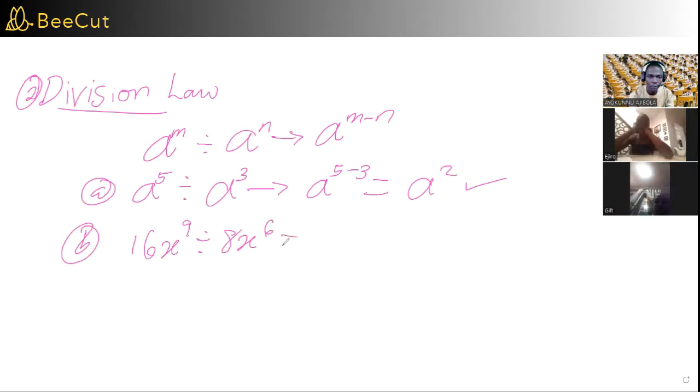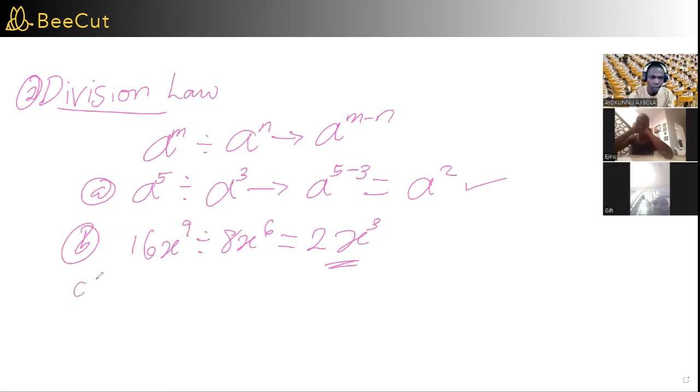So all I have to do here is this. I'm going to divide 16 by 8, that will be 2. Then dividing this means I pick one of them. Then 9 minus 6 gives me 3. And that is the answer.